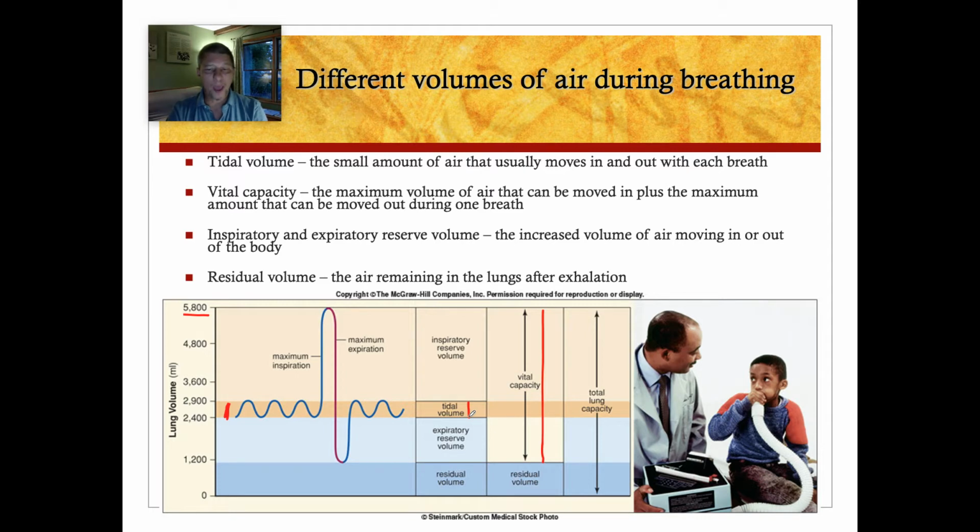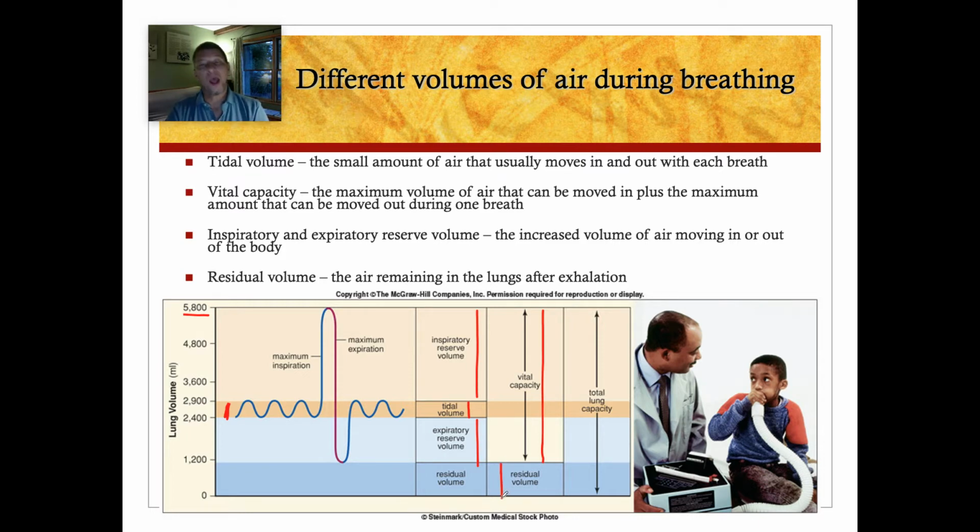Now, if you subtract the tidal volume out of the vital capacity, you're left with the inspiratory reserve volume and the expiratory reserve volume. Now, notice that there's always just over a liter of air in your lungs.